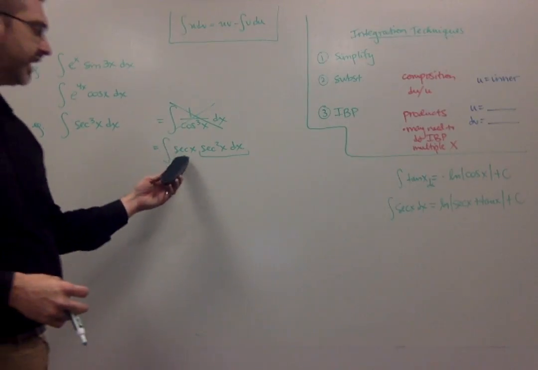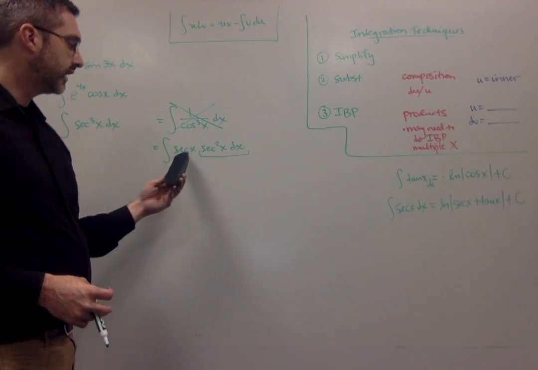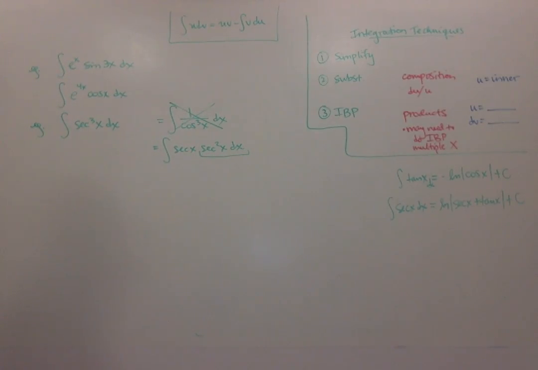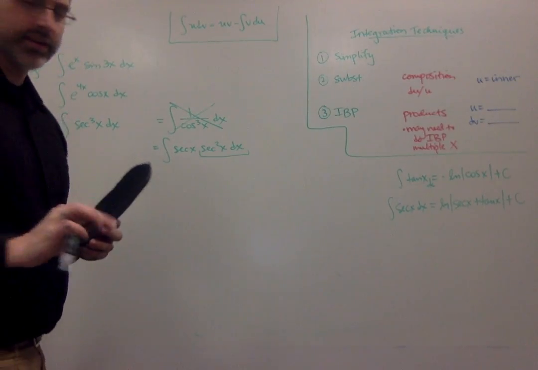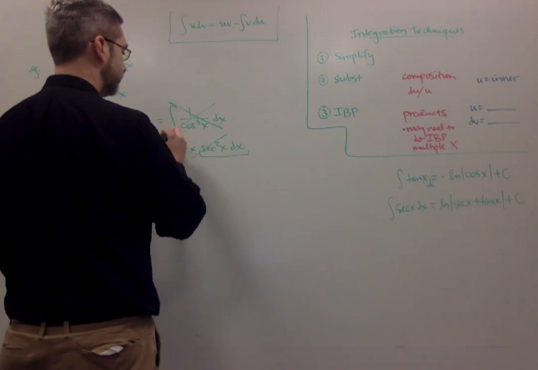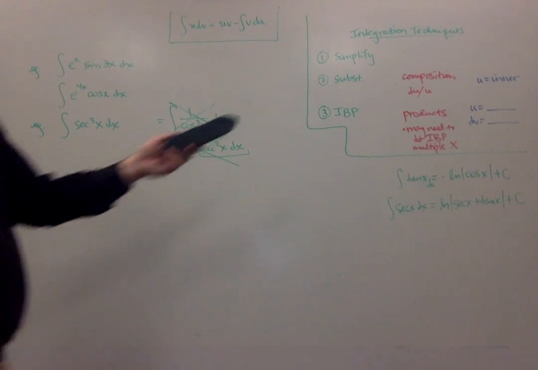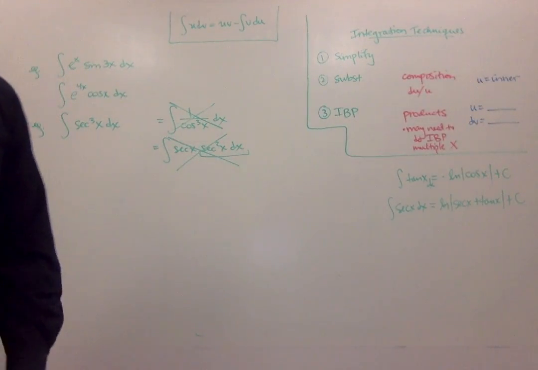So if this was tangent, and this was secant squared, then I would let u equal tangent, and the du would be secant squared. But this isn't tangent, so that's not going to work either. Okay, that's kind of out. So none of this really seems to be working here. So I'm stuck doing integration by parts.